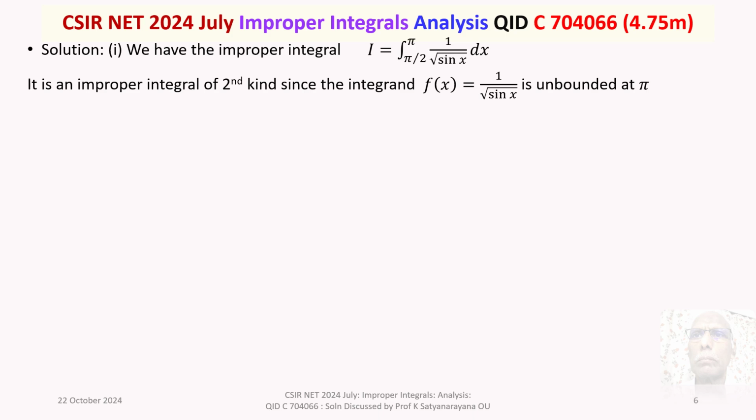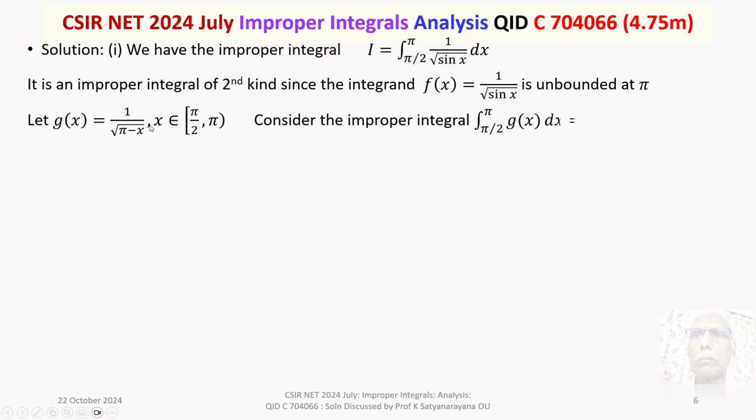Right. Now, let us consider g of x equal to 1 by the square root of pi minus x, where x belongs to the interval pi by 2 to pi, closed at pi by 2 and open at pi. Now consider the improper integral, the integral from pi by 2 to pi of g of x dx.